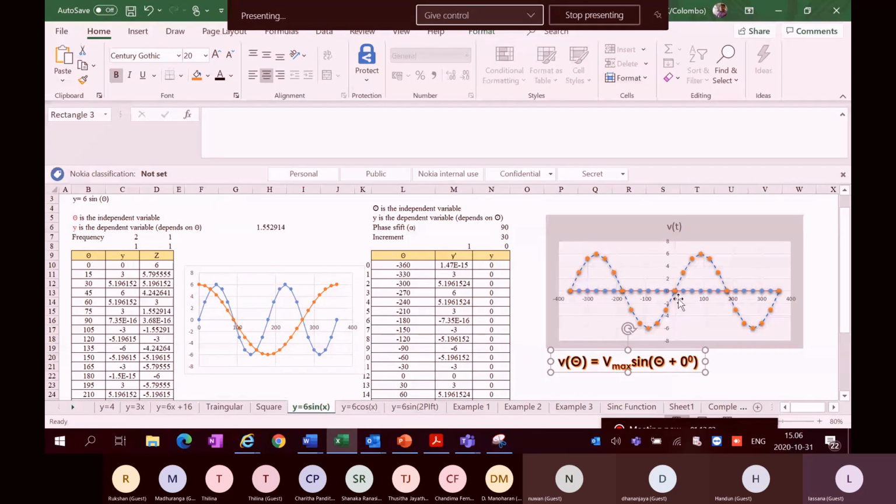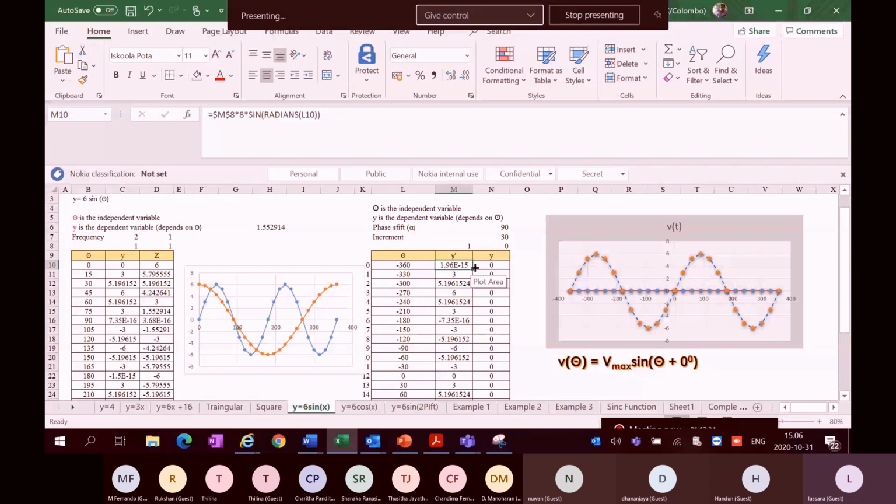For example, when I draw this graph, I put 6 here. If you want 8, I can put 8 so that this signal becomes a little higher and touches this particular line. We'll see what happens. Right, now it became 8. Whenever you put a value here for this particular part, currently 8, your signal height changes.